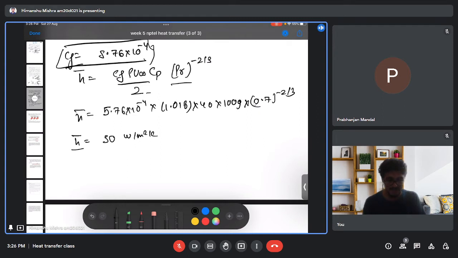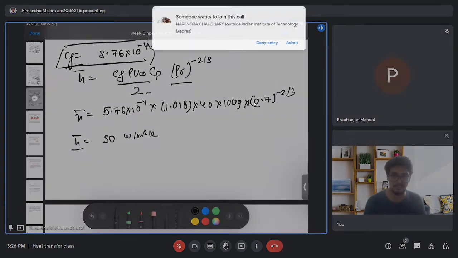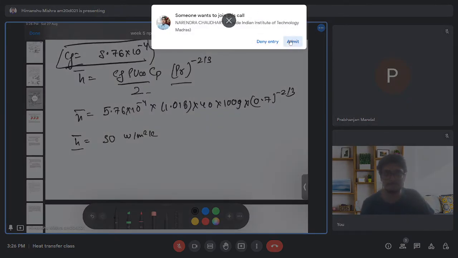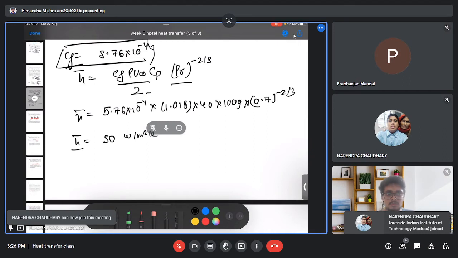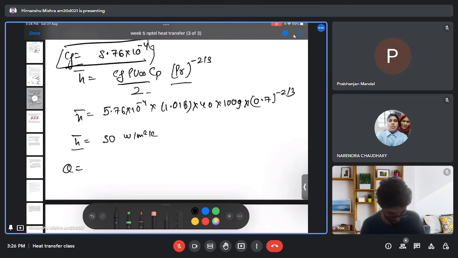Now we have the heat transfer coefficient. We can just use Newton's law of cooling to find out the heat transfer rate over the surface. So we need to find the heat transfer at both surfaces.